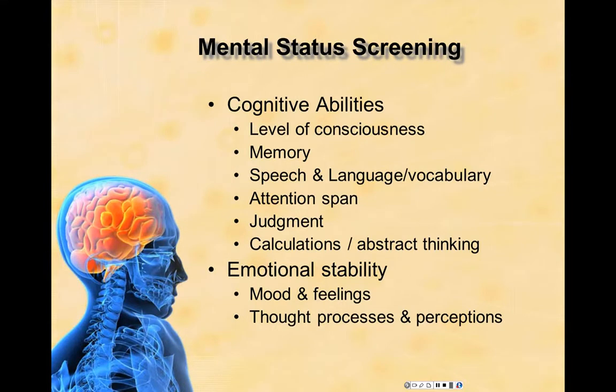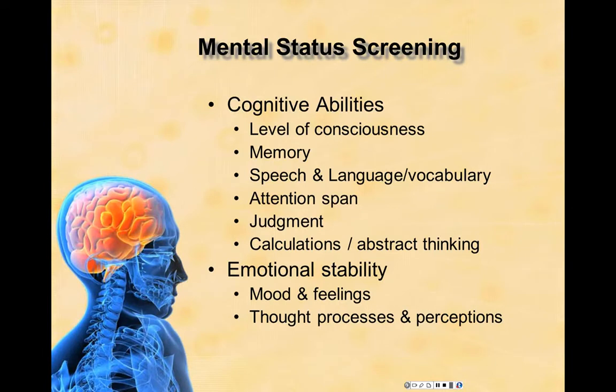You don't have to basically ask them, who is the president and so on, which, in someone who's sitting there talking with you, you wouldn't necessarily have to ask in that way. You could determine their cognitive abilities just through speech and their vocabulary and their responses to your general questions.